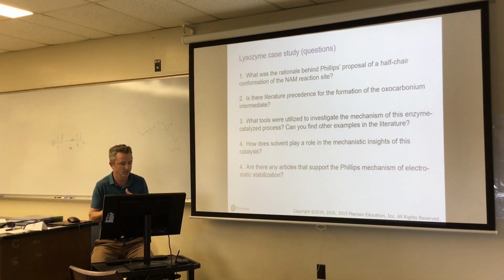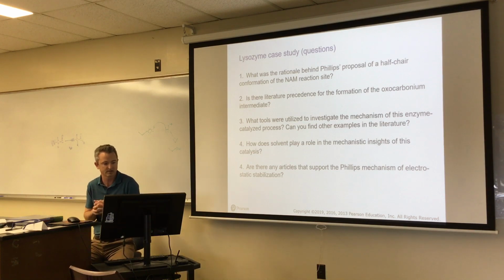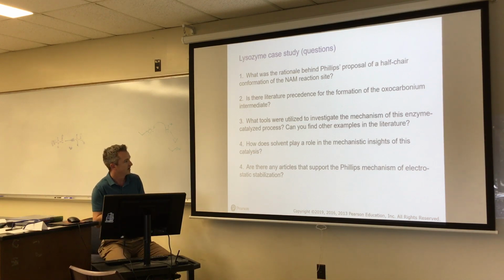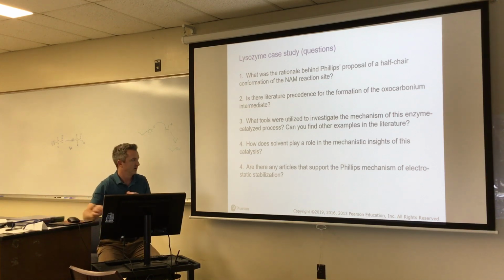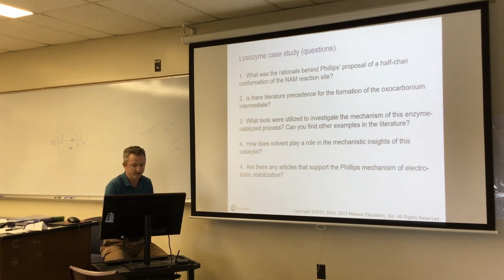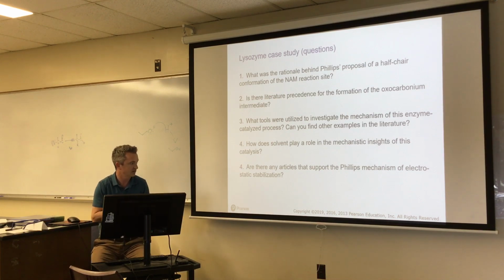Number three, what tools were utilized to investigate the mechanism of this process? Can you find other examples not listed in your book for this particular process? What about solvent? How does solvent play a role in the mechanistic insights of the catalysis? And number four, are there any articles that support the Phillips mechanism for electrostatic stabilization?